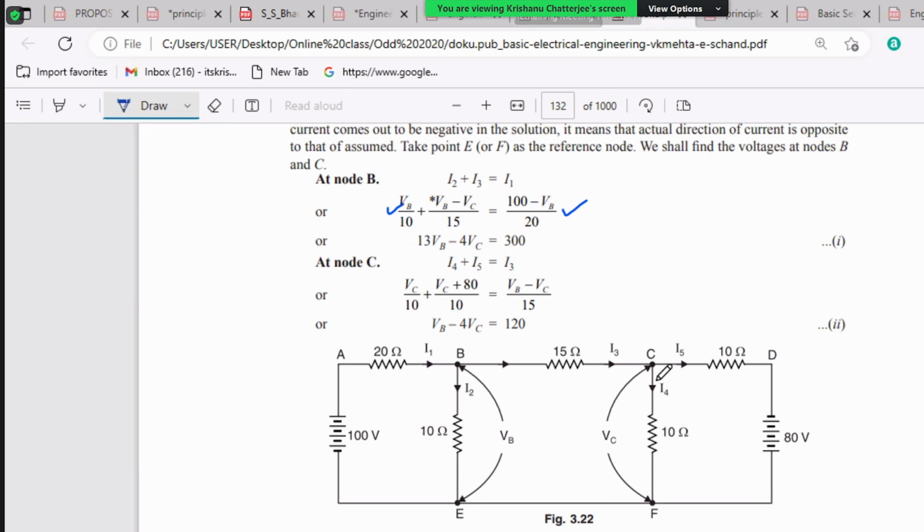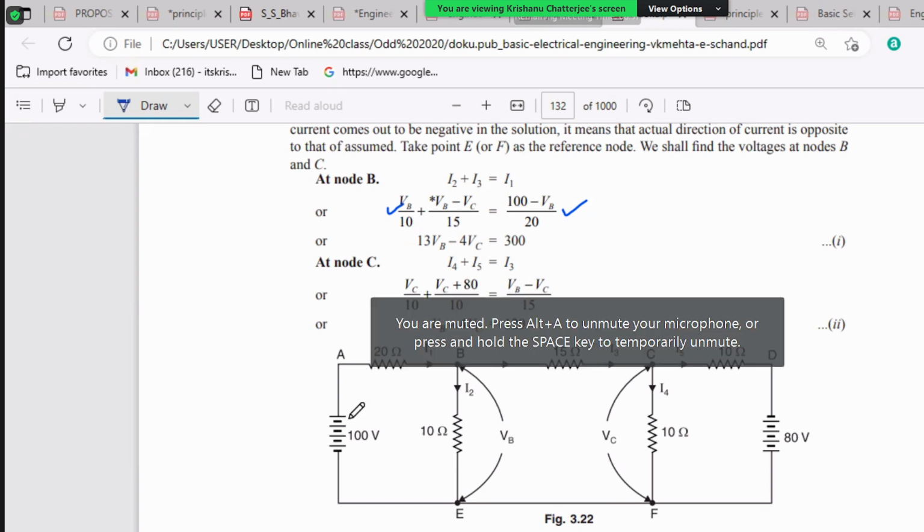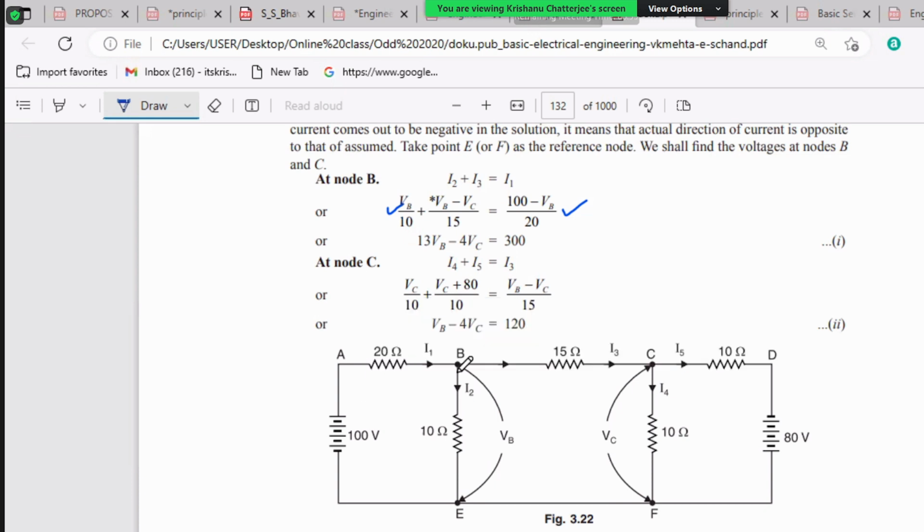The direction of the current is this way, so it should be VC plus 80. This is not like the earlier one, this is the opposite case. See, 100 minus VB by 20 is the current. Here it will be VC plus 80 by 10 is the value of I5.